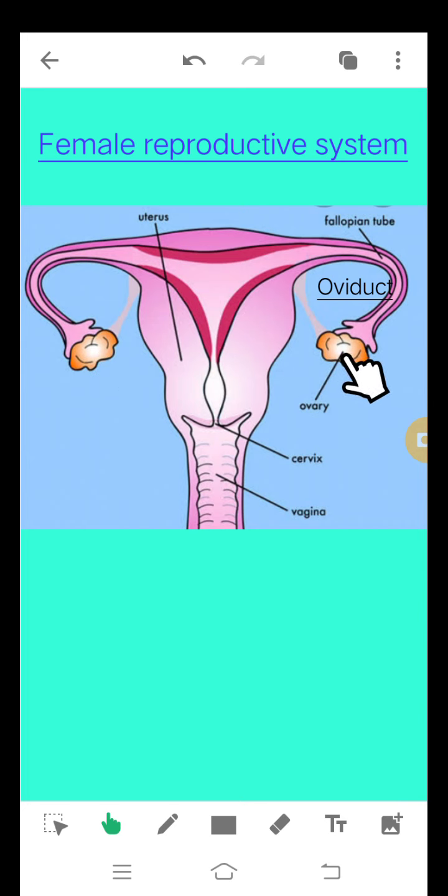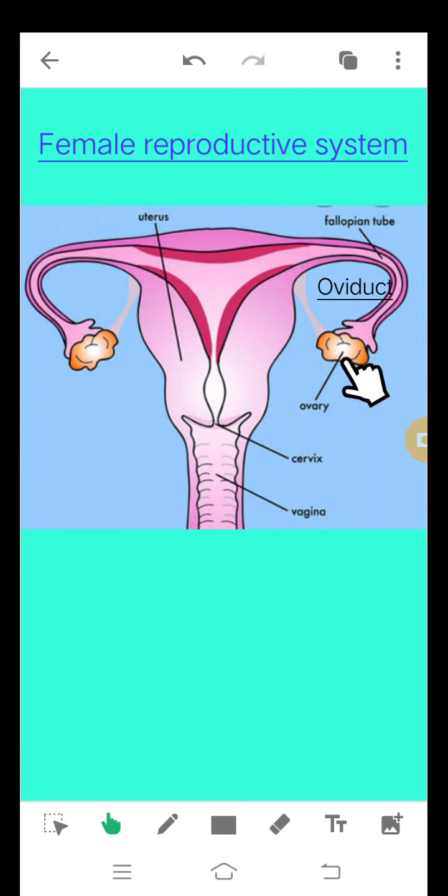An important role of the ovary is to produce the female gamete, which is called ova. But unlike the male reproductive system, the ovary produces only one egg every month, and only one of the ovaries will do that, not both of them. Only one of the ovaries will produce one ova every month.